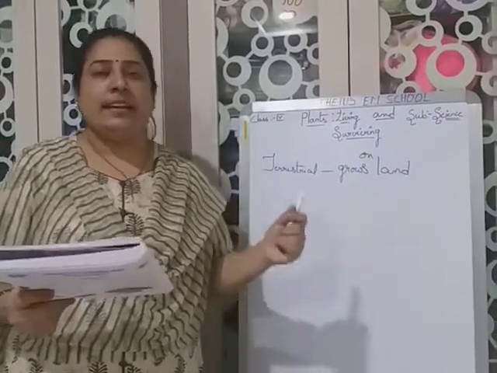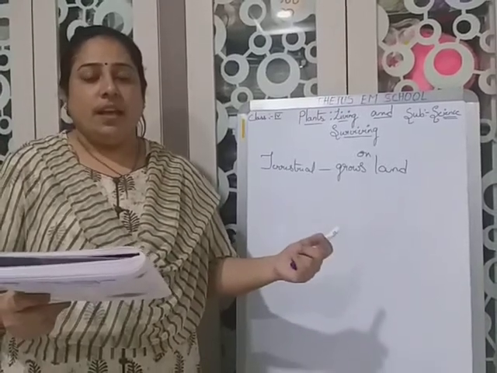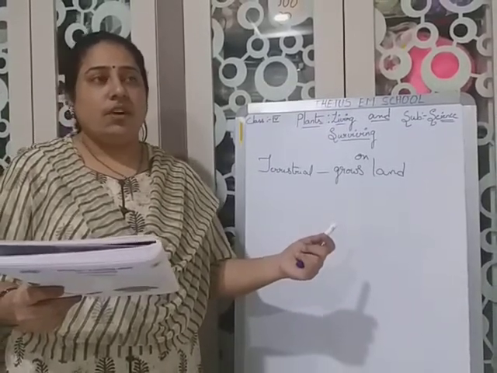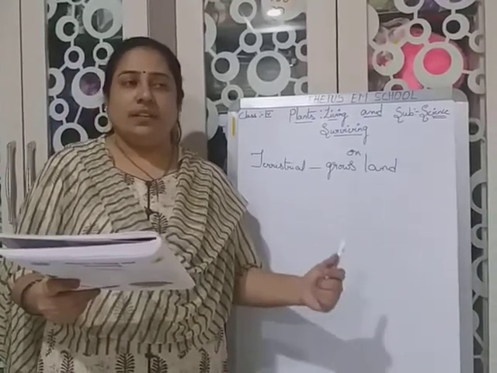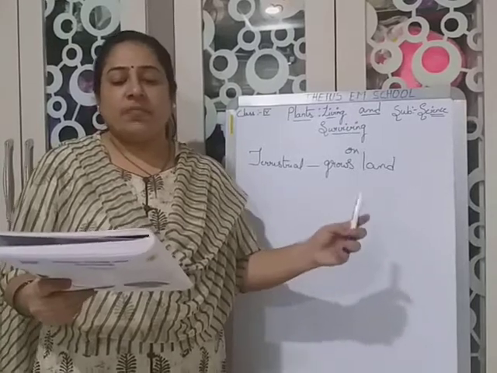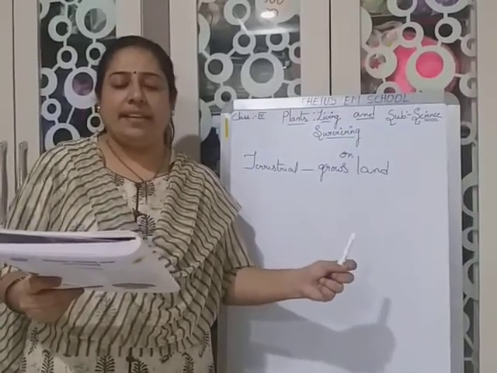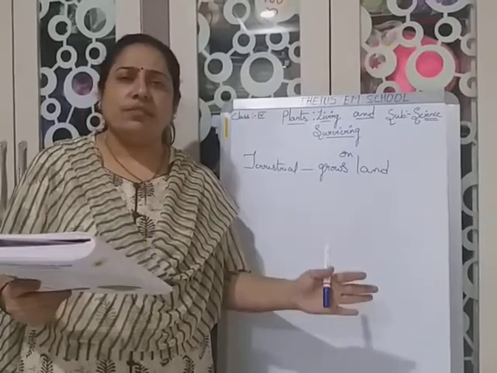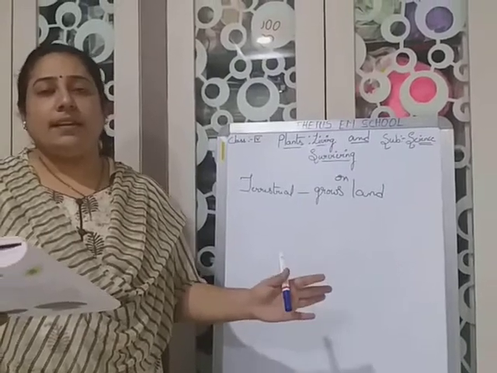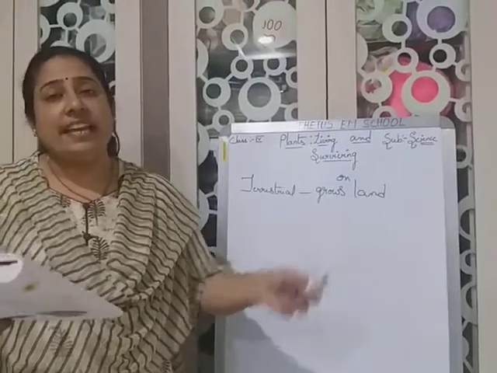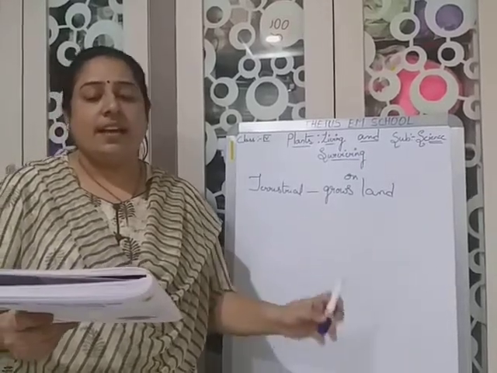In hot and damp areas, trees have lots of leaves, but they do not shed their leaves in winter. Like mango and shisham shed their leaves in winter, but these trees will not shed their leaves in winter.